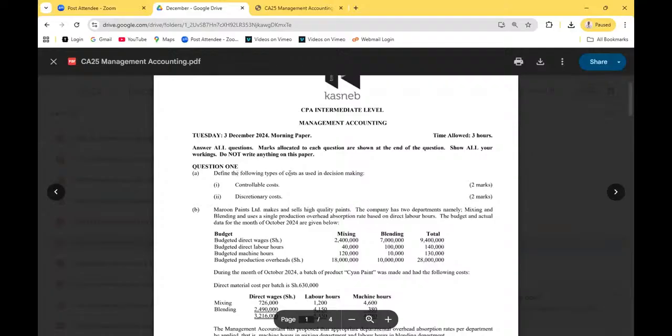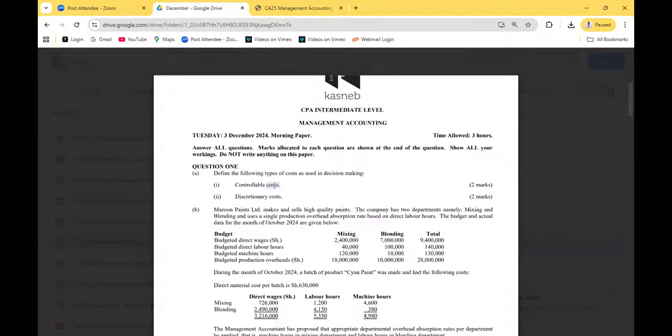Define the following types of cost as used in decision making. Number 1, controllable cost. Of course, the company has control over this cost. It has actually appeared as Roman 2 of question 1A. Define the following types of cost as used in decision making. Controllable cost, then discretionary cost. It is not a secret.